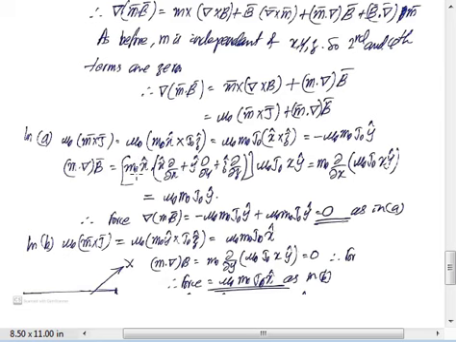So m0 dou by dou x of this quantity will be equal to mu0 m0 j0 y cap. So adding, the total force is equal to minus mu0 m0 j0 y cap plus mu0 m0 j0 y cap, so it will be equal to 0 as in case 1.